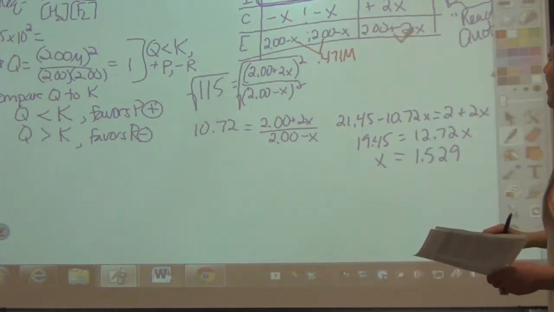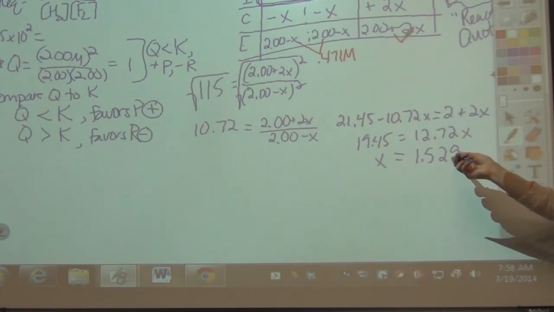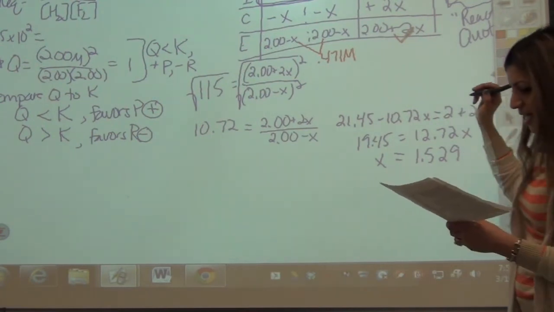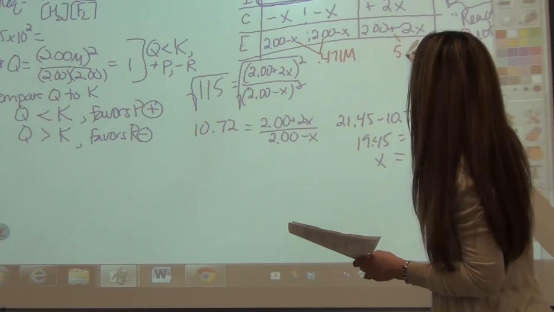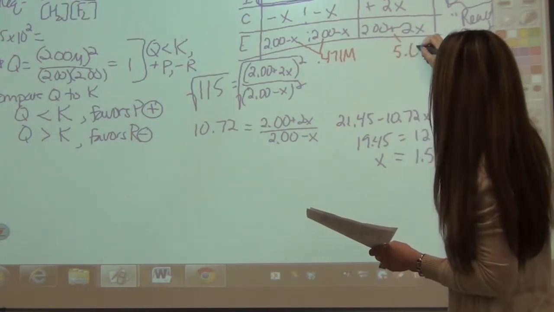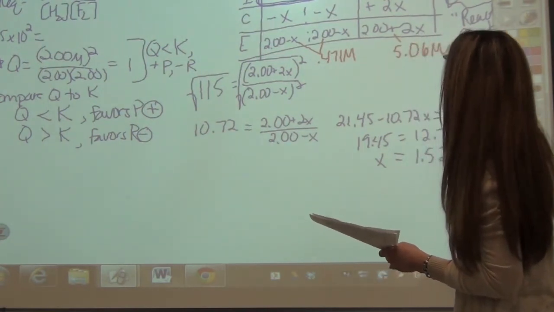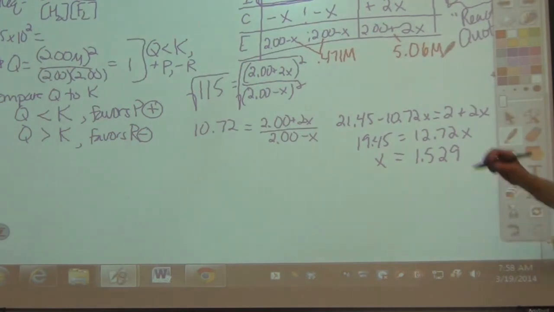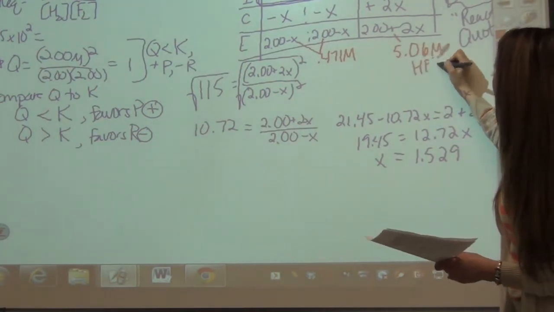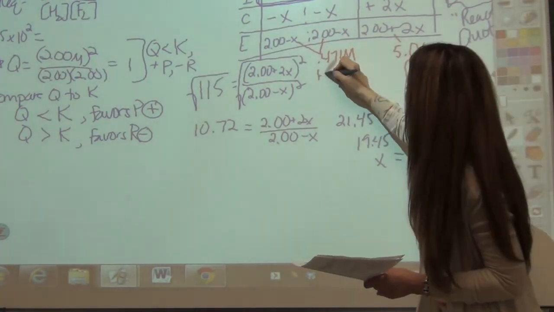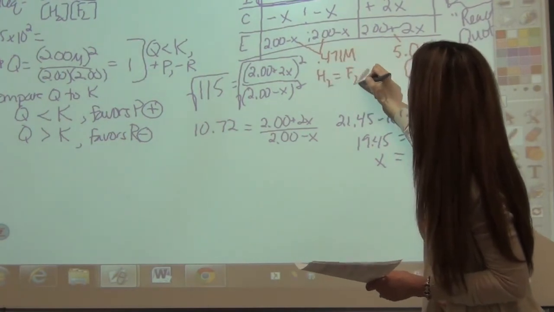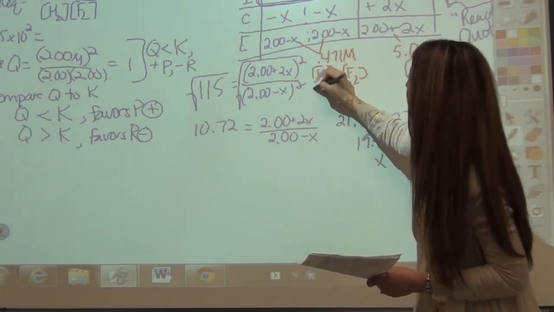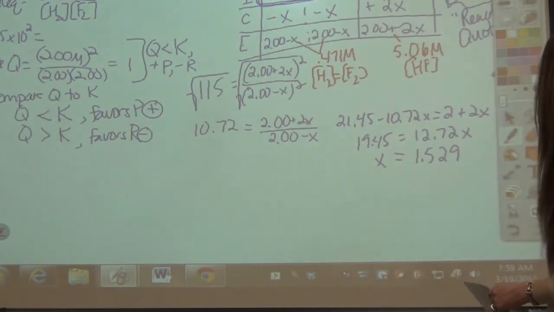And if I add the 2 plus 2 times 1.529, I get 5.06, or 5.05 or 5.06 molar for the HF. So that's my HF concentration, and then my H2 is equal to my F2 at equilibrium. Last one.